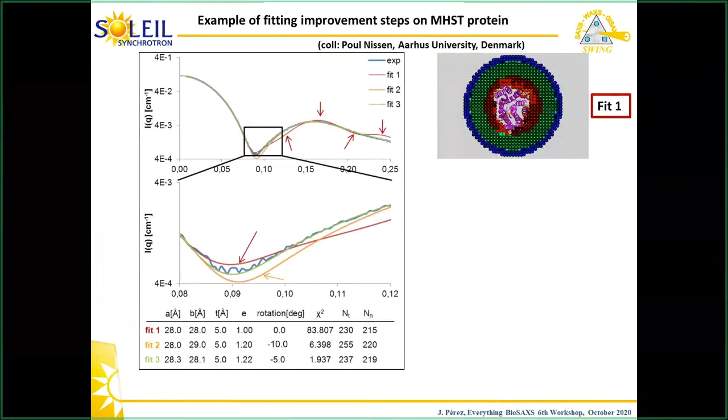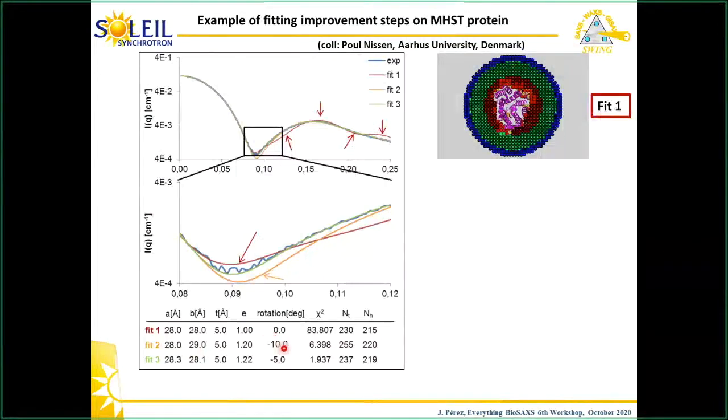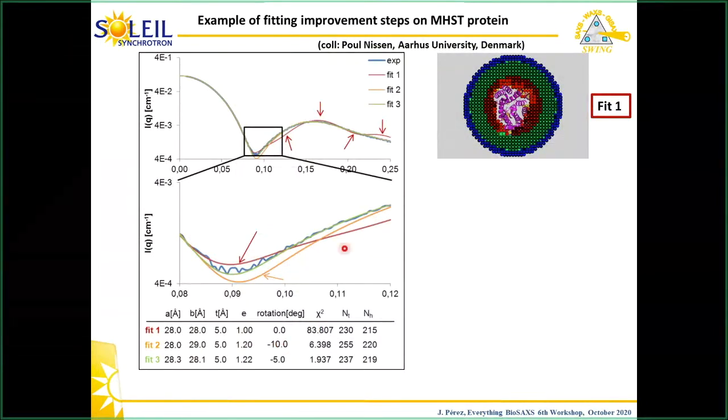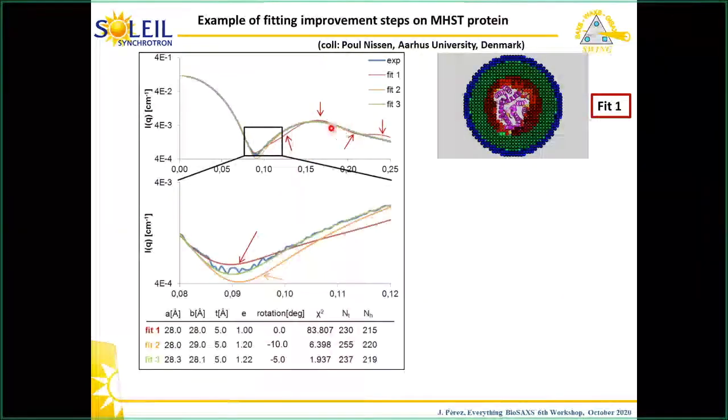Then, what did we do? We added an extra parameter, the ellipticity, and also the rotation, the orientation of the ellipse with regards to the protein. And then we end up with a better model here, which is the orange one, where the second maximum here disappeared. The main maximum here is nicely fitted, but still here we have a disagreement with the experimental curve.